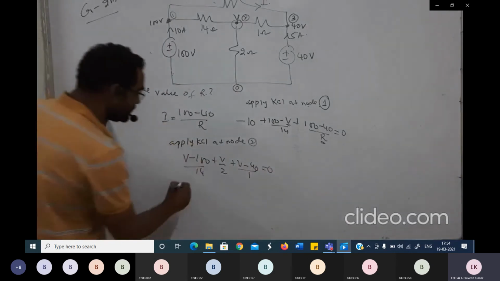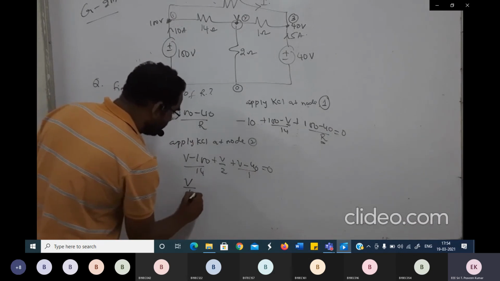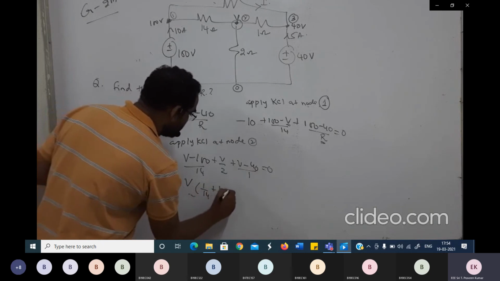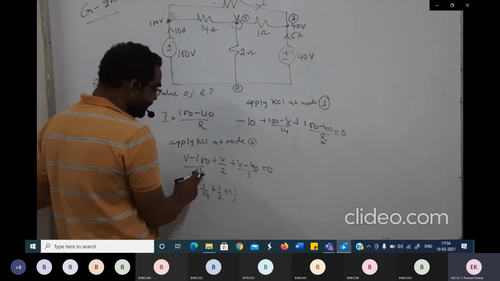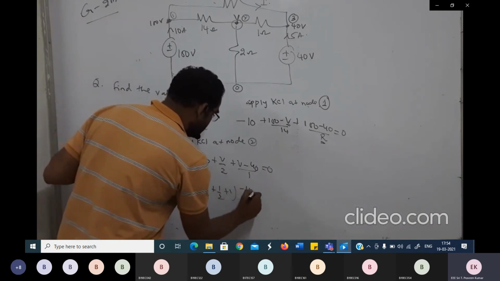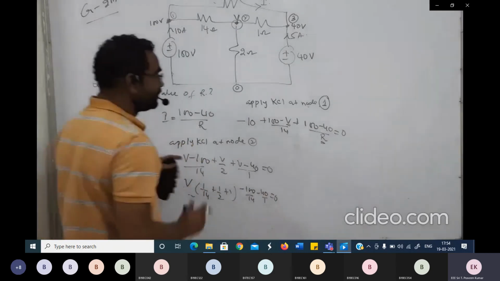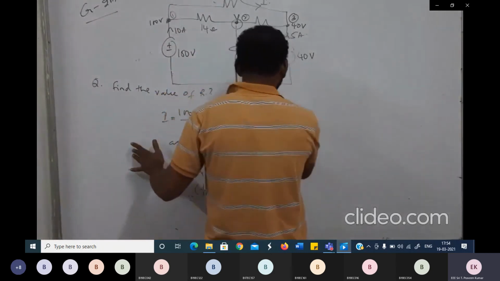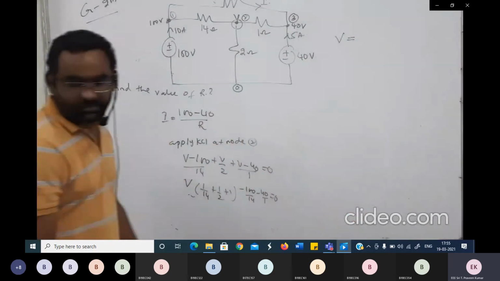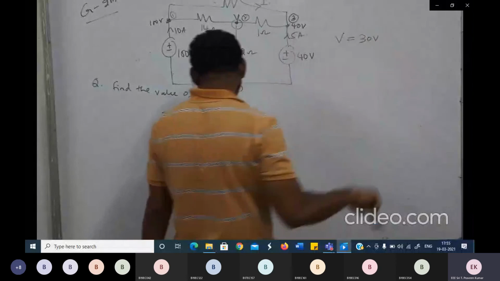To simplify this, you get V into 1 by 14 plus 1 by 2 plus 1, minus 100 by 14 minus 40 by 1, equals 0. If you simplify this, I get the value of voltage V as 30 volts. V is nothing but 30 volts.